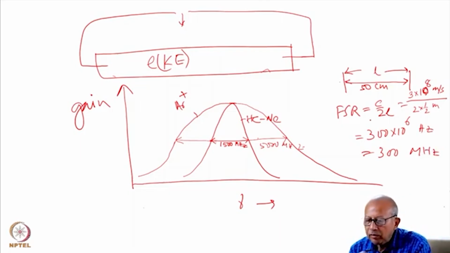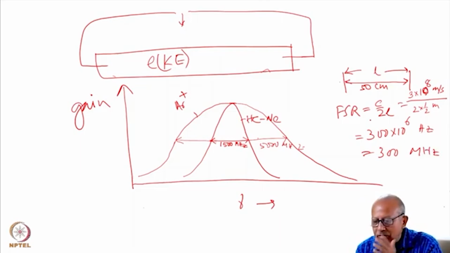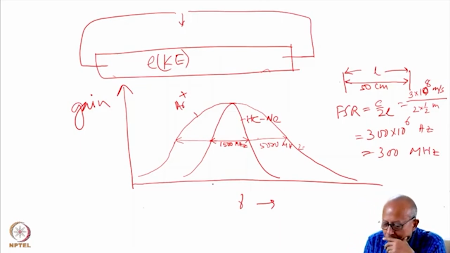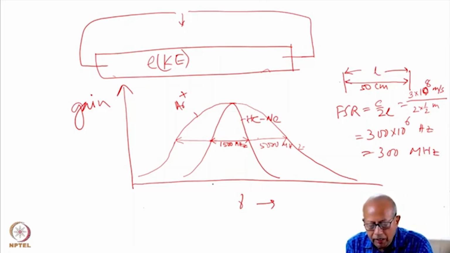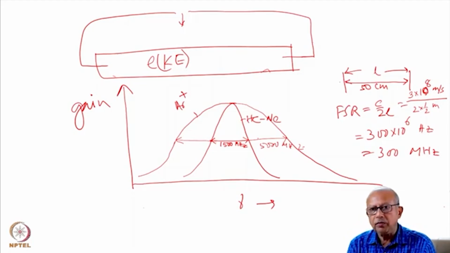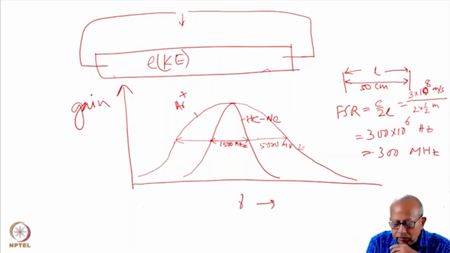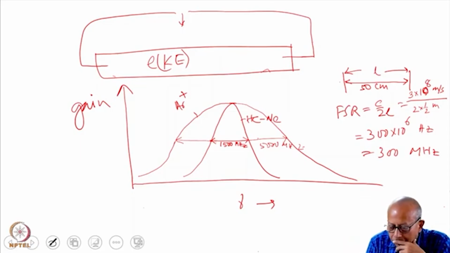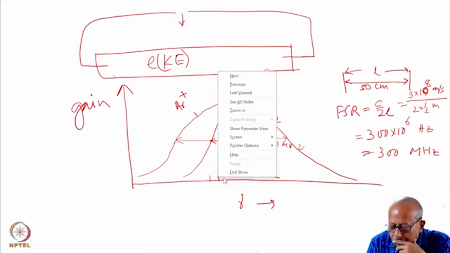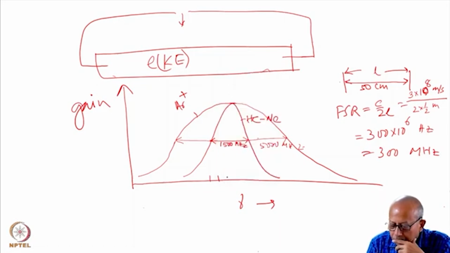So free spectral range is the spacing between two adjacent cavity modes. Now, there will be innumerable number of cavity modes spread all around the spectrum. So let us draw some cavity modes which overlap with the gain.